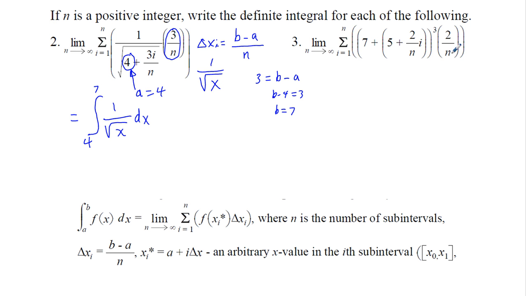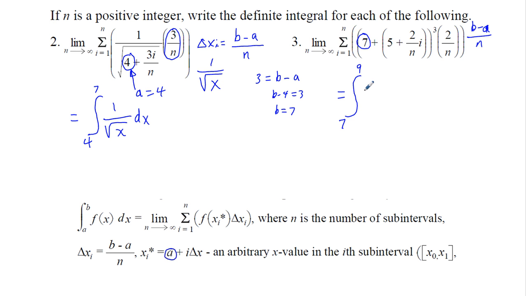We have in this b minus a over n, we have 2, and so we're going to start our integral here, and our a value here appears to be 7, because in this a plus i delta x, so that's 7, and then b minus a is 2, and so 9 minus 7 happens to equal 2, so that's what it looks like.